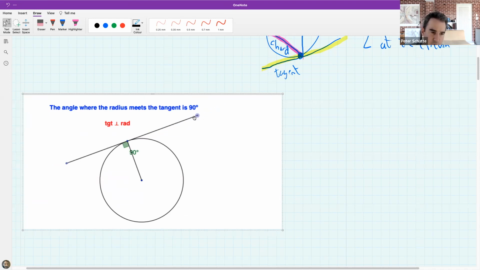What is that line called? For all those students who are struggling with vocabulary, what is this line that I'm making long and short? What's that called? Okay, so that is called the tangent. And the line that comes from the center to the point of tangency, what is that? What is this line over here called?